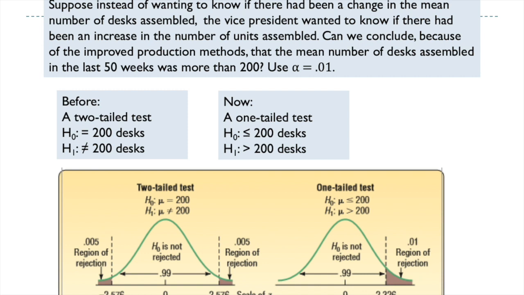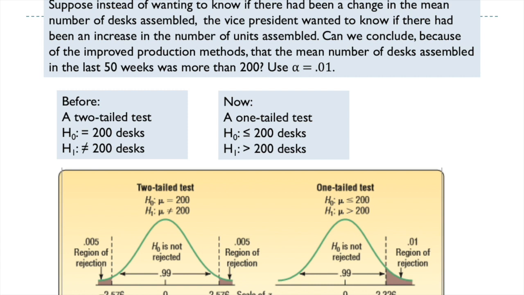And the critical value here for a one-tailed test will be different from the two-tailed test, even at the same significance level, because remember, in the two-tailed test, we split the significance level in half, and we put half in the left side and half in the right, or they call them the lower and upper tails. And for a one-tailed test, all of the rejection region is on one side.